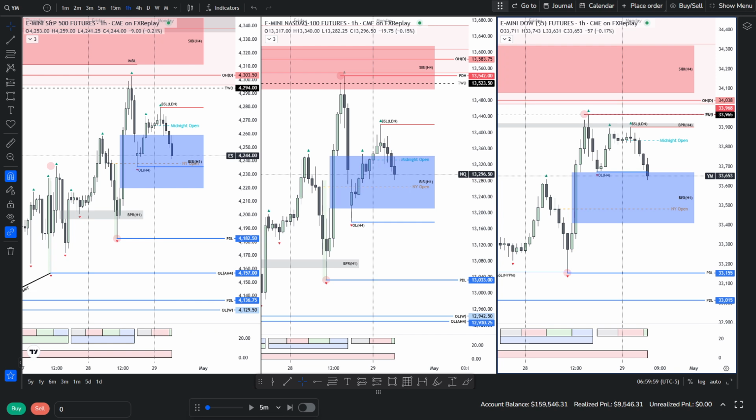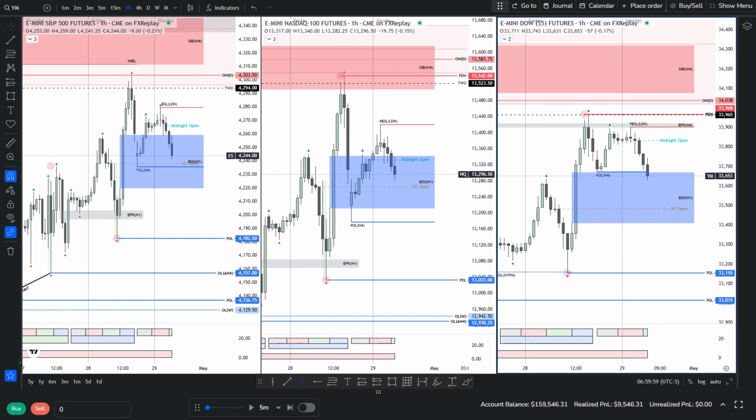Okay. Then, to me, three would be if the market trades above the, hold on, no, this one might be a little bit more, because the true week open is in close proximity to the previous day's high.